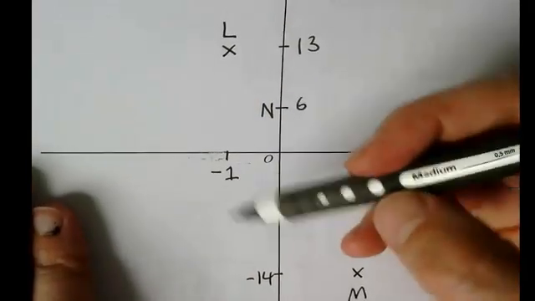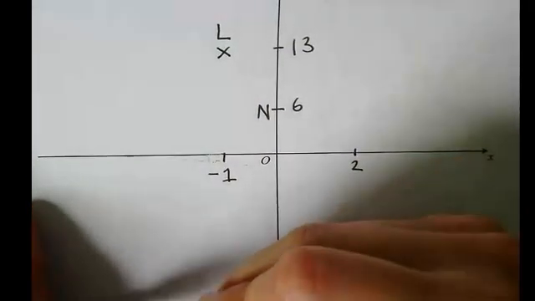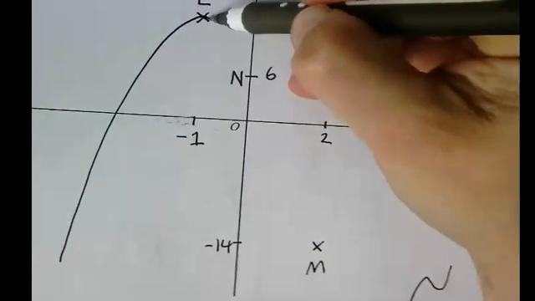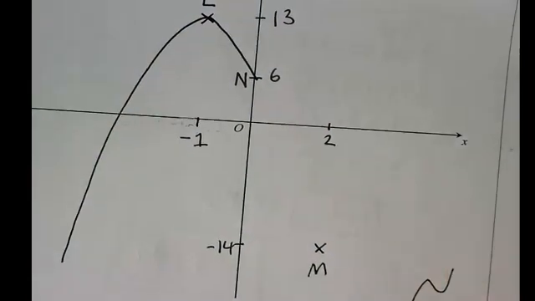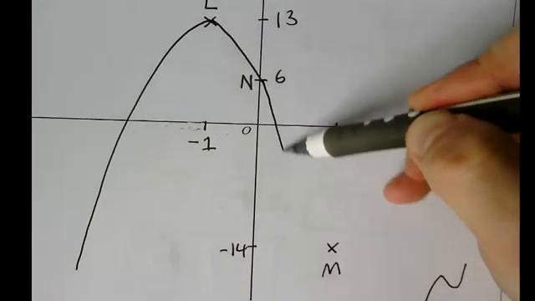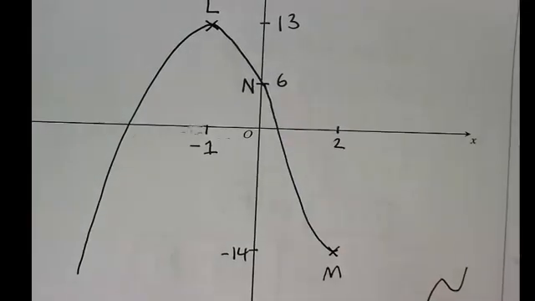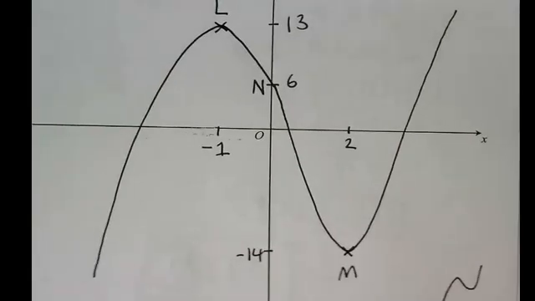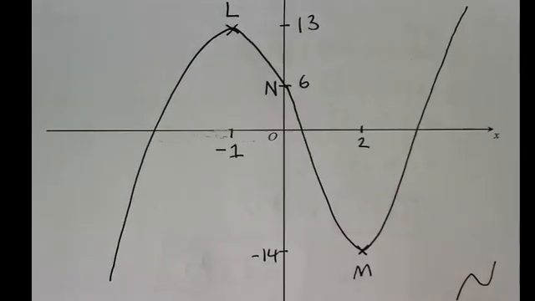Obviously use a pencil. I'm doing it in pencil, you can see clearly. So like this, there's my maximum. There's my y-intercept. There's my minimum. And there's my third point of intersection with the x-axis.